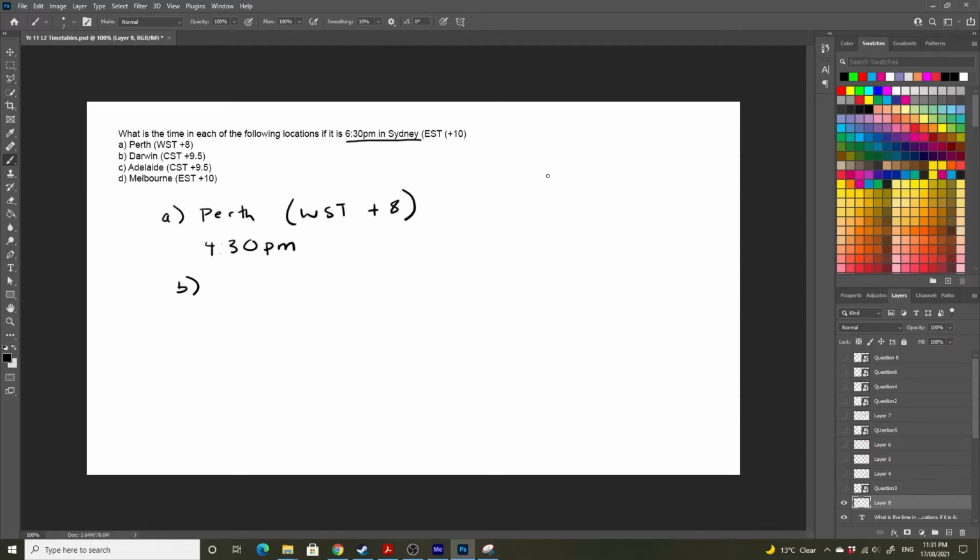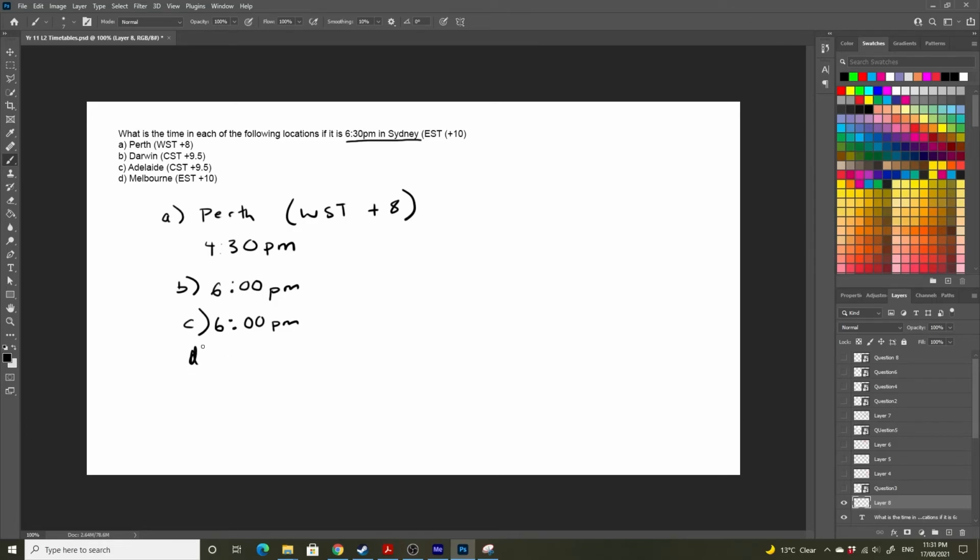So Sydney is half an hour ahead of Darwin, which is in Central Standard Time. So if it's 6:30 in Sydney, it should be 6 p.m. in Darwin. And Adelaide is also in Central Standard Time, so that should also be 6 p.m. as well, because Darwin and Adelaide are in the same time zone, so they have the same local time.